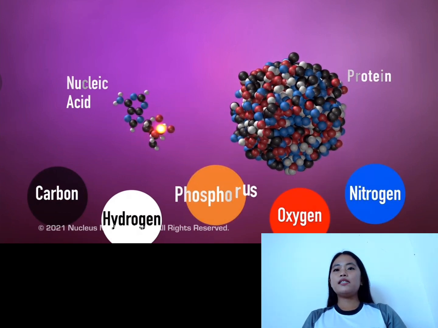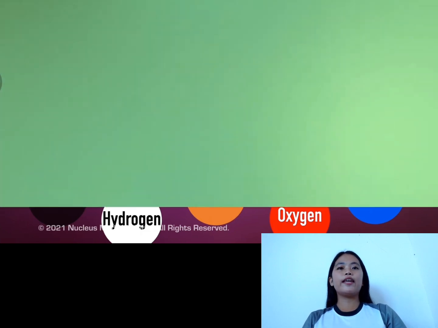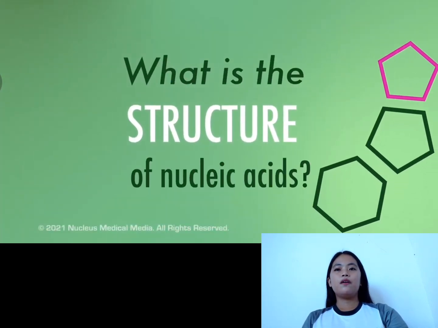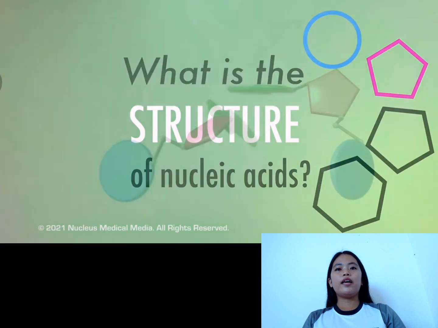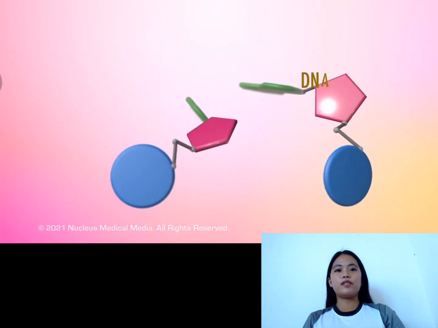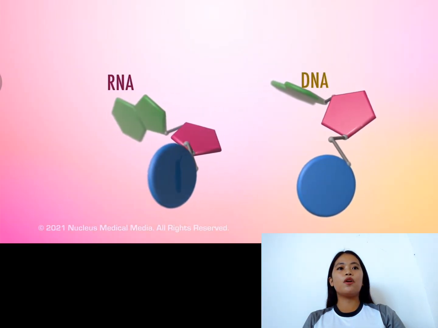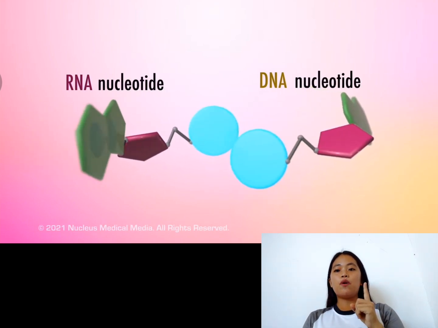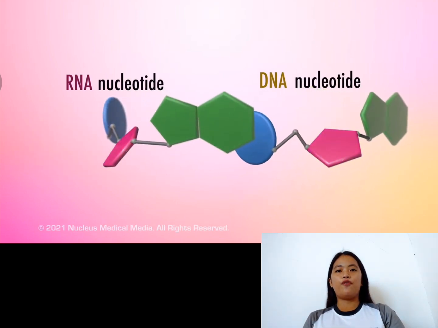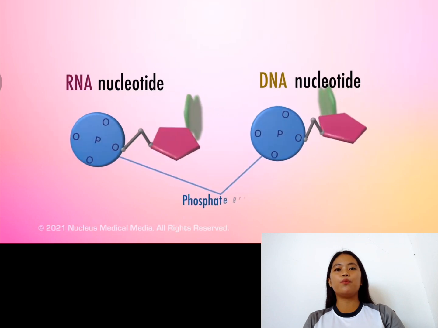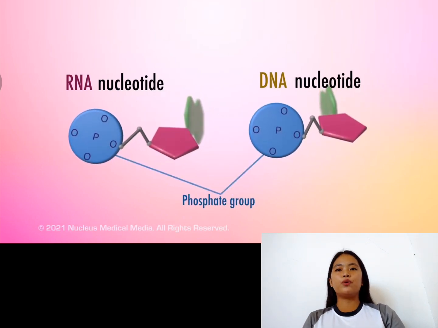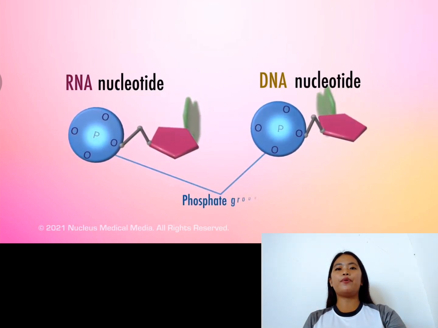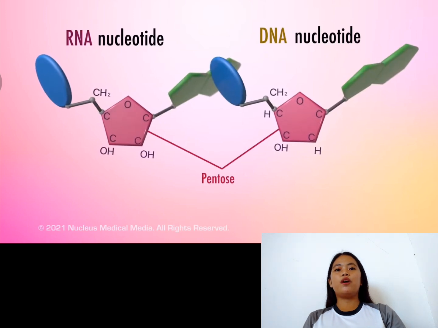So, what is the structure of nucleic acid? Both DNA and RNA are made up of monomers called nucleotides. All nucleotides contain three compounds. The first compound is a phosphate group, which contains phosphorus. The second compound is a 5-carbon sugar.